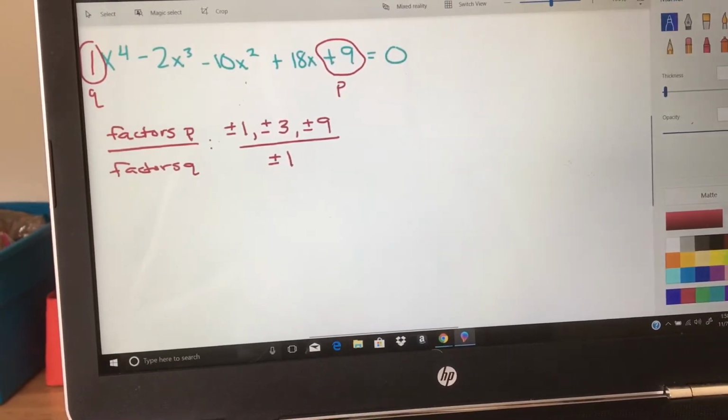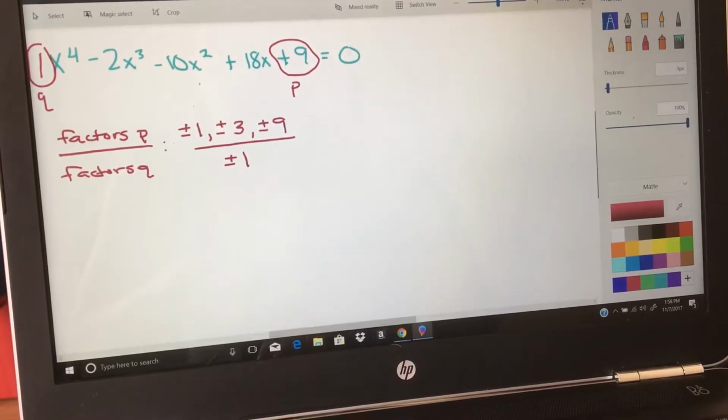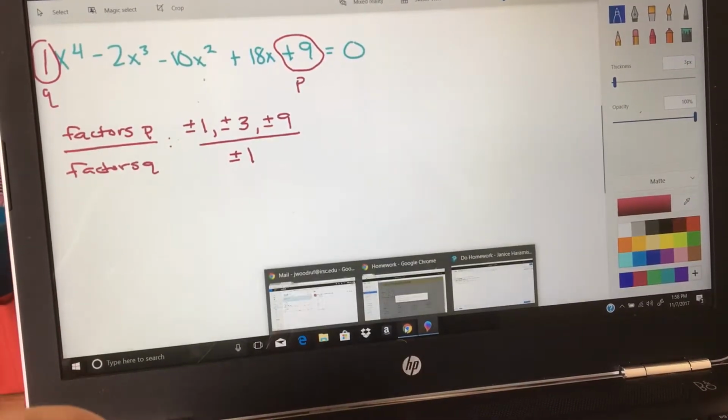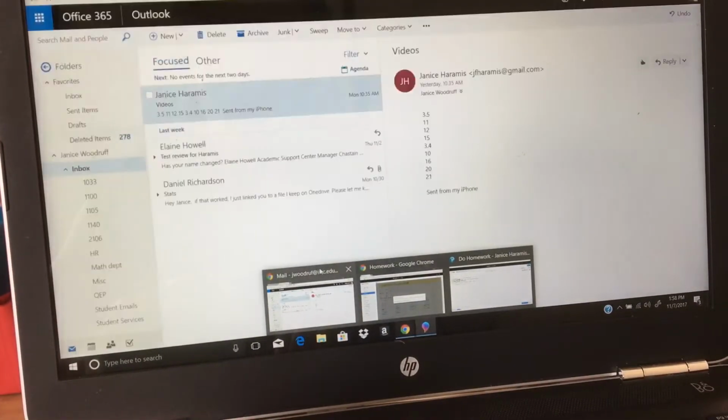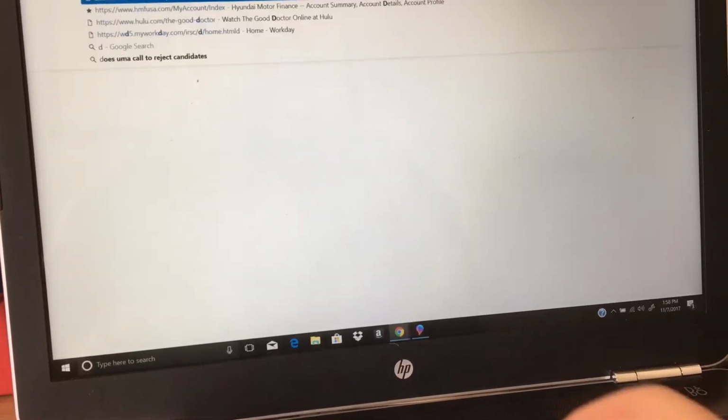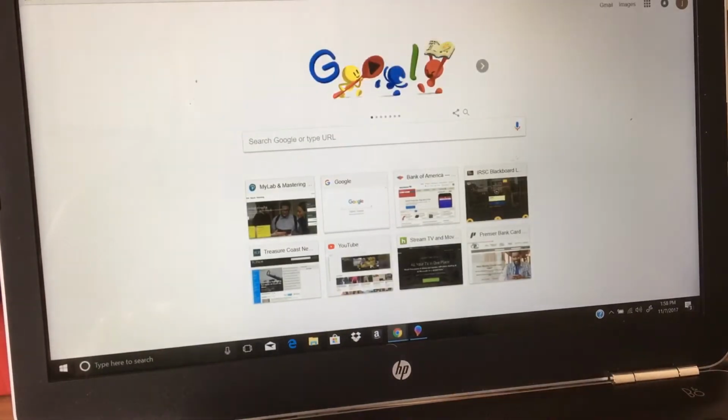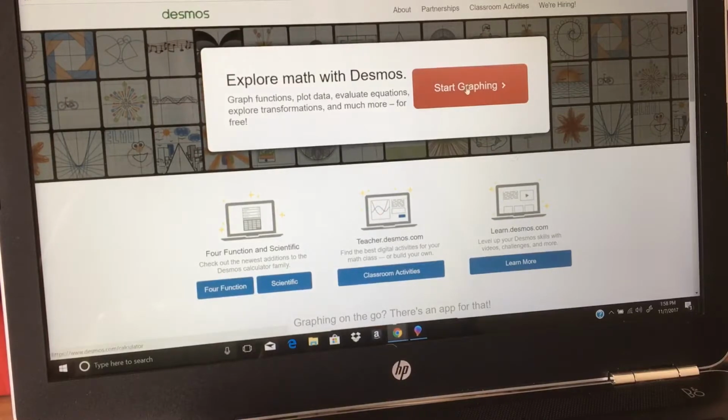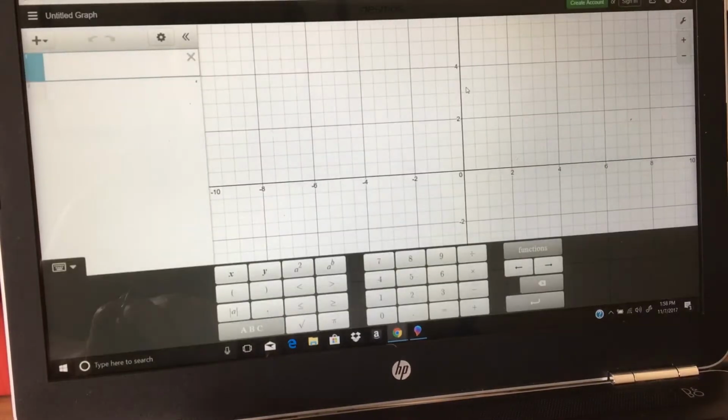So I'm just going to back this up a little bit so I can reach my keyboard. And let's see here, we say Desmos. Okay, that's the graphing calculator we're going to use, and we're going to put this equation in.